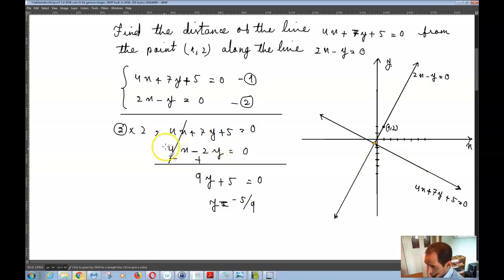And then take any of these equations, for example 4x minus 2y is equal to 0. So then 4x is equal to 2y, or I can simply take a better equation, meaning I can take this one: 2x is equal to y, so negative 5/9.